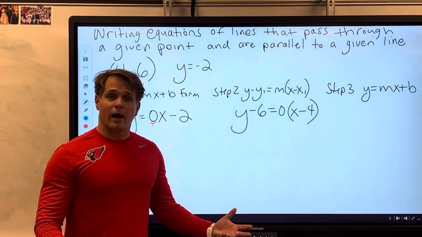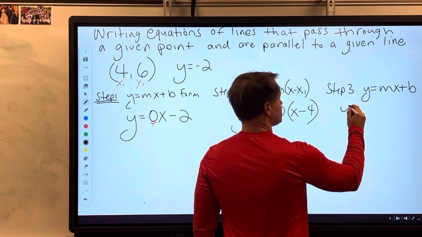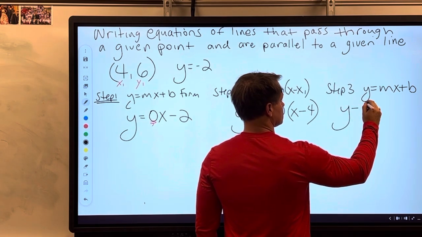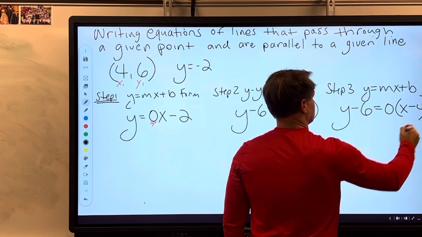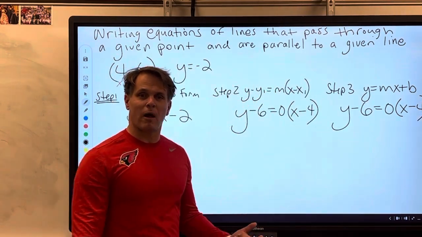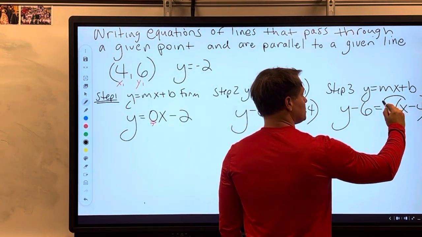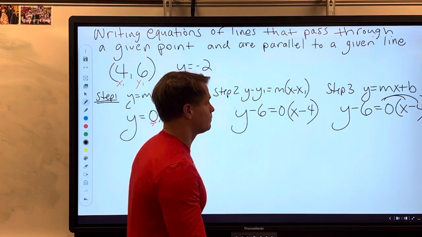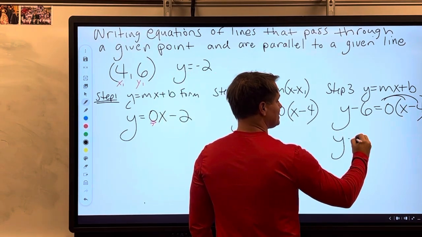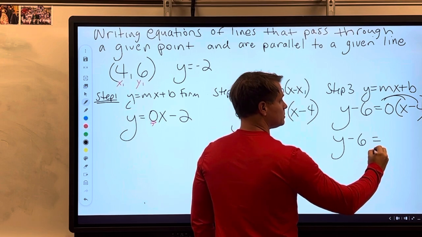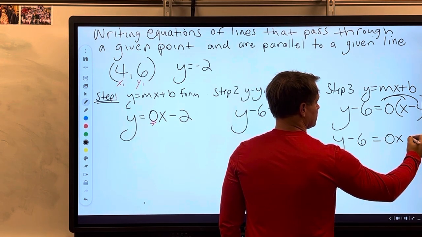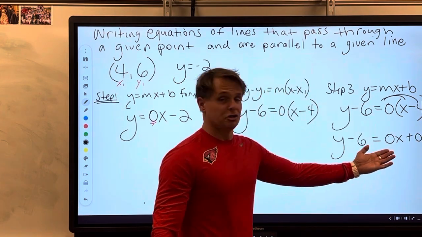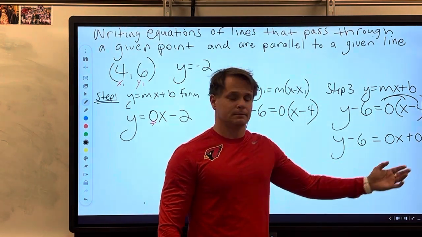Now I'm going to simplify. Now you're going to notice that when you do the distributive property, you're multiplying by a 0 now. So you got y minus 6 equals 0x and then plus or minus 0. You're going to get 0 on the right-hand side.